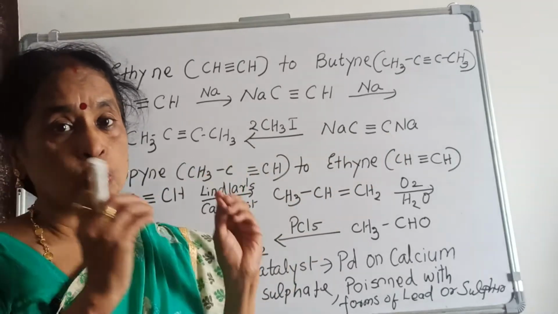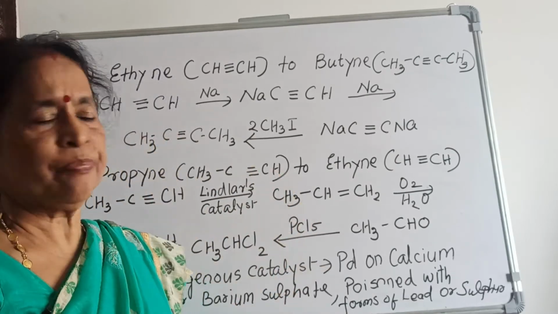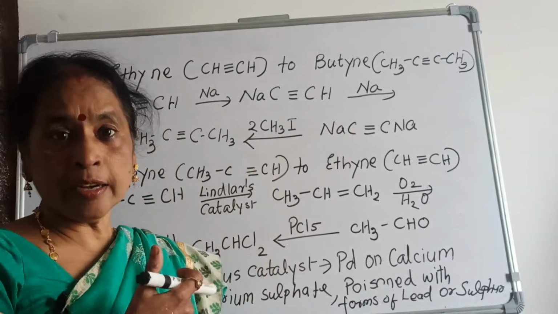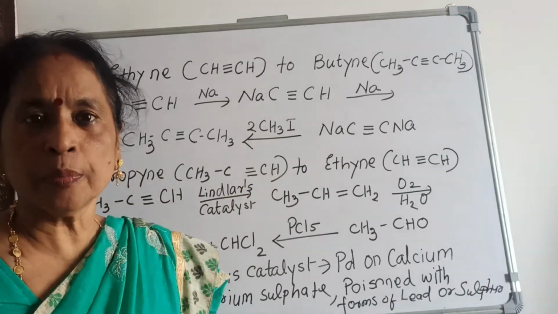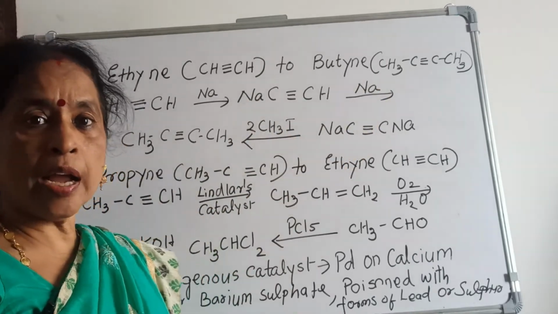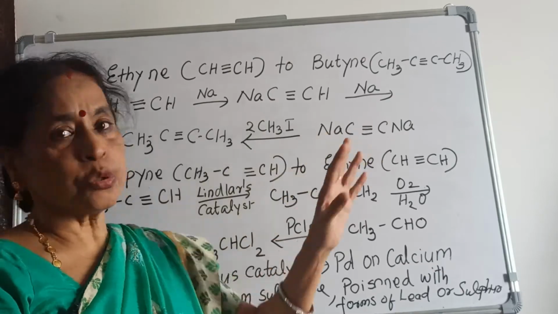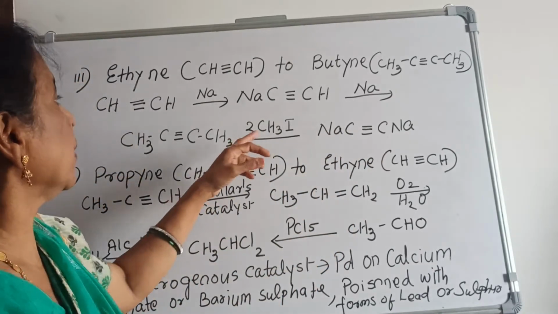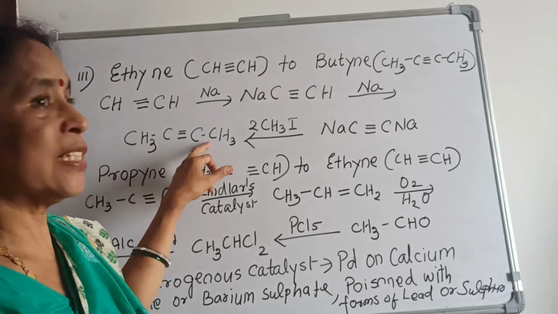And now these two sodiums present in acetylide are very active and can easily be substituted by the CH3 methyl group. Because we require 2-butyne, these two sodiums are replaced by methyl groups. So CH3 C triple bond C CH3.